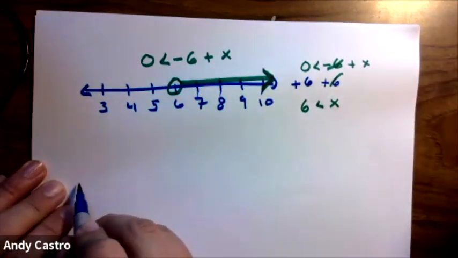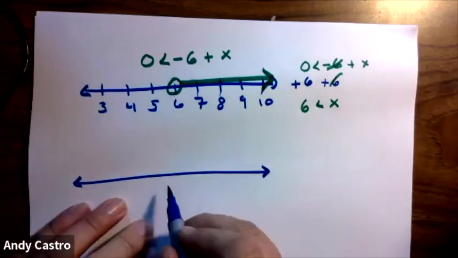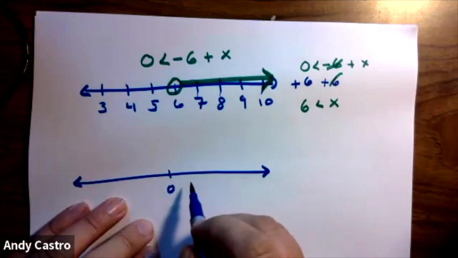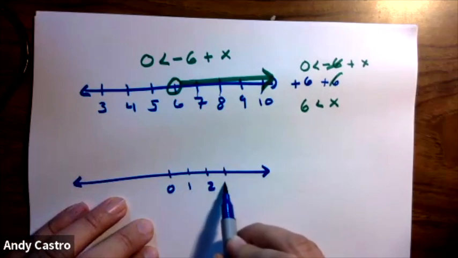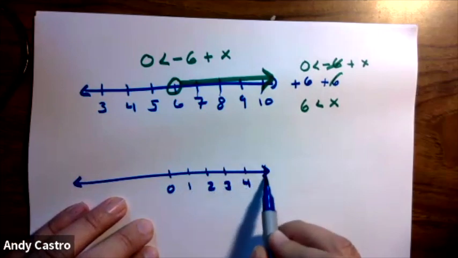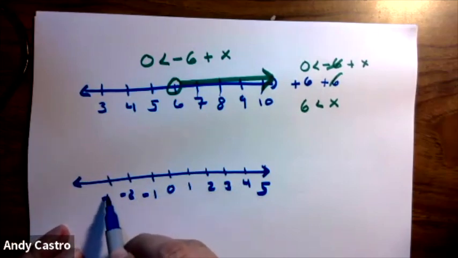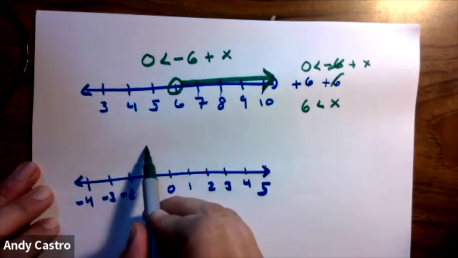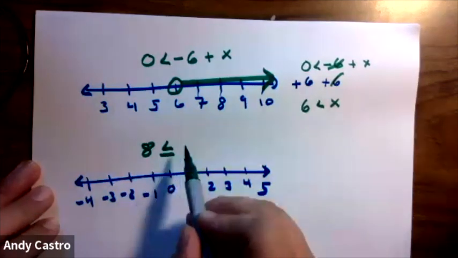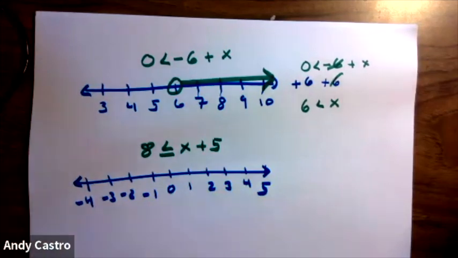Here's another one that we'll do. This one is going to have 0 in the middle. And this inequality is 8 is less than or equal to x plus 5.